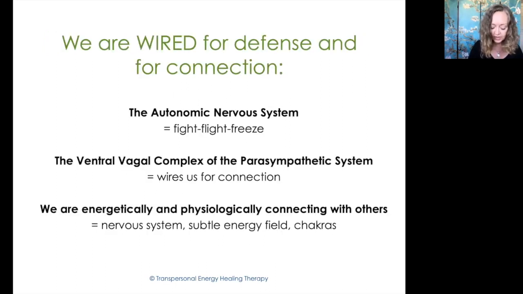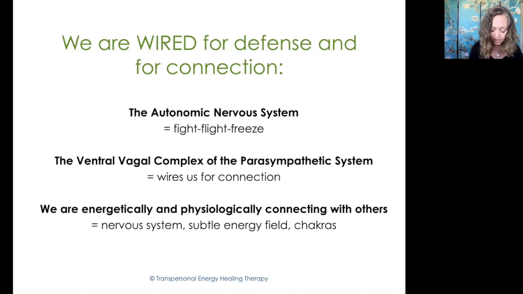The autonomic nervous system alerts us to physical danger and moves us into fight, flight, or freeze physiology so we can deal with any kind of threat to ourself or to our relationships. The ventral vagal complex of the parasympathetic system wires us for connection.